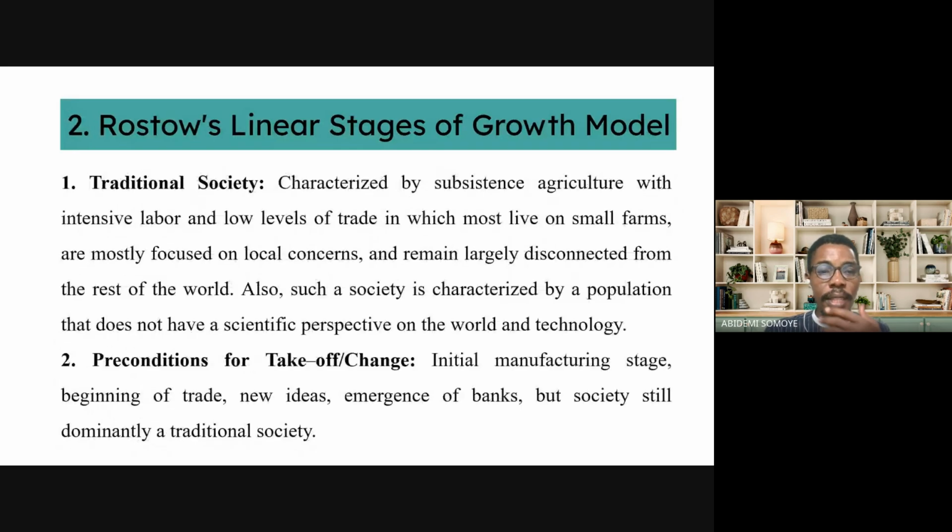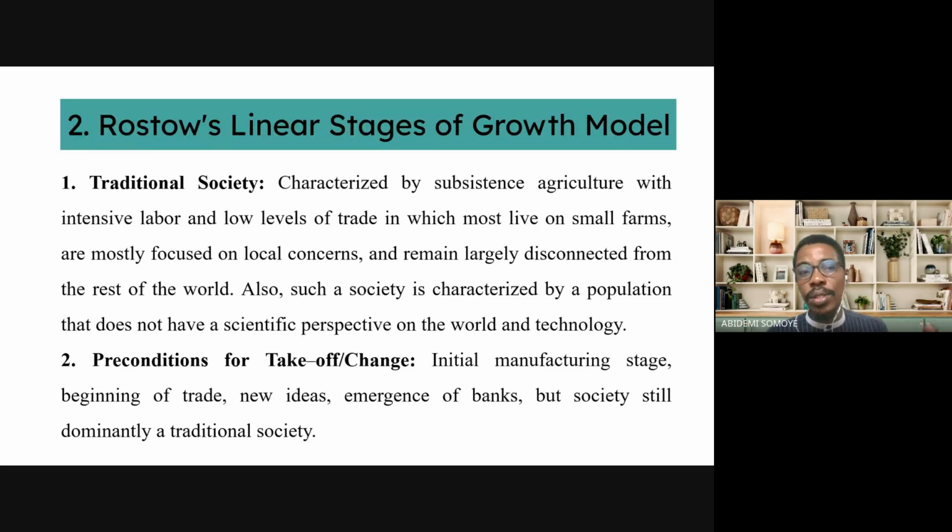So let's take a look at the traditional society. In one of our previous classes where we were talking about poverty, inequality, and development, we talked about the traditional society. What does the traditional society entail?